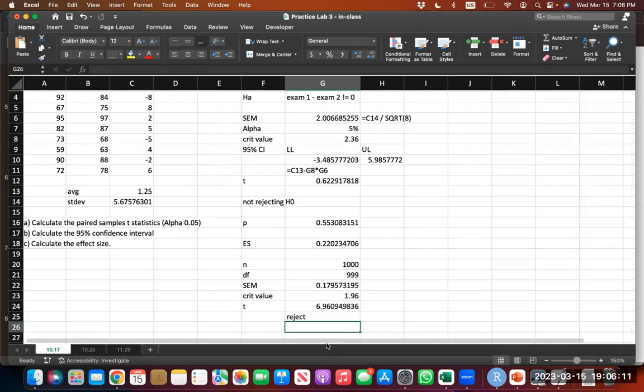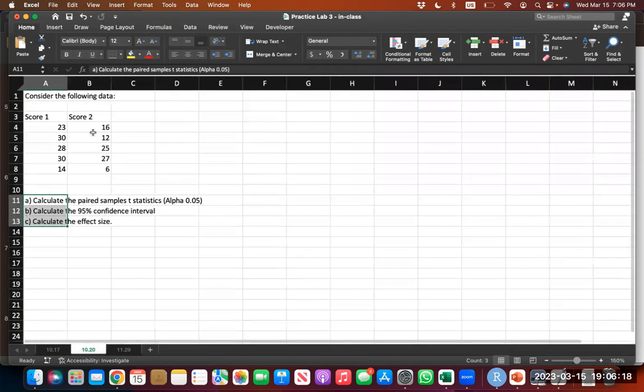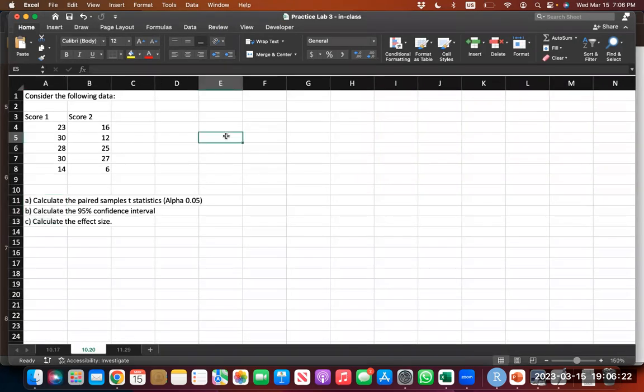Simple, right? And now we're doing the same exercise again, but now we can do it faster. So H0 is again score 1 minus score 2 equals 0. The HA is score 1 minus score 2 is unequal to 0.